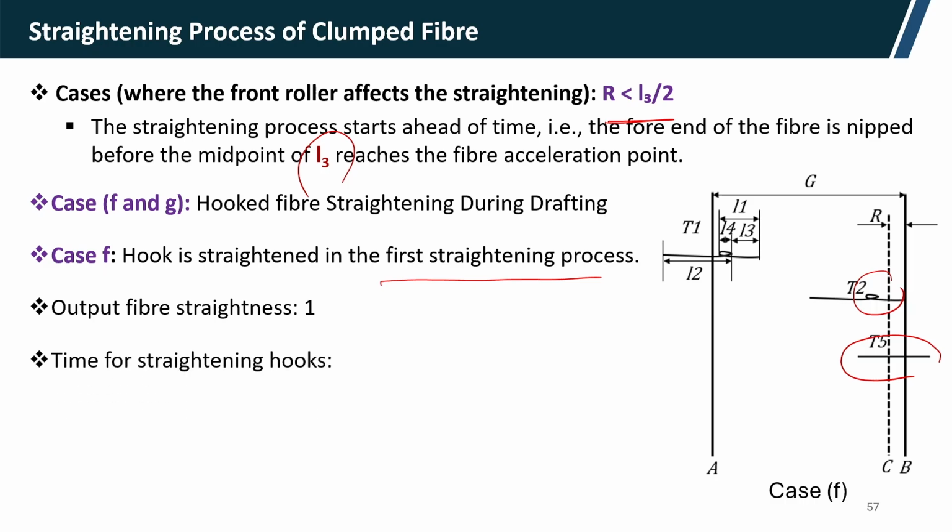Time for straightening the hook is given by this relationship: (1 minus eta) multiplied by L divided by (VA minus VB). So, that can be calculated, and T2 is 0 because it has already been processed in the first stage.